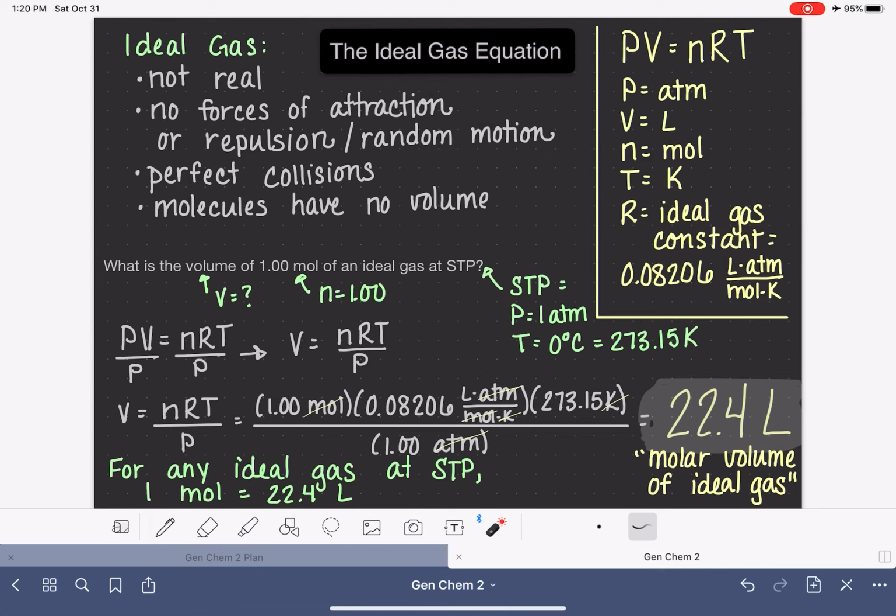So this concept for any ideal gas, 1 mole is 22.4 liters. We're going to use this relationship to help us make some quick conversions between moles and liters in future problems. So this is something that you want to keep handy.